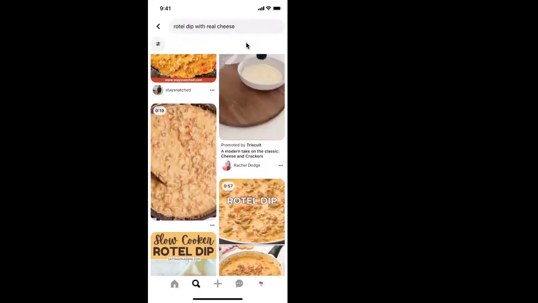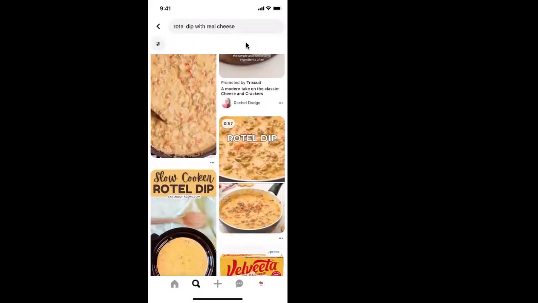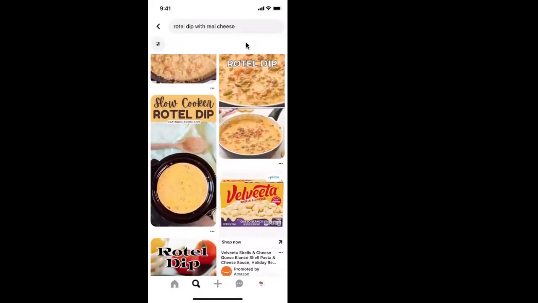And then you've got to look at your boards. When people are pinning, where are they putting it? Is it under dinner recipes? Is it under appetizers? If you're in the crafting space, is it crochet patterns? Is it sewing patterns?